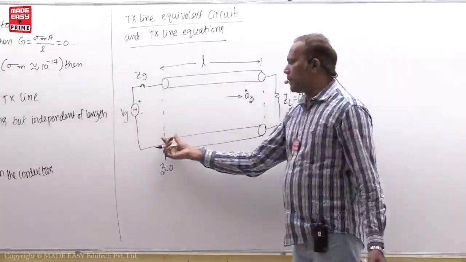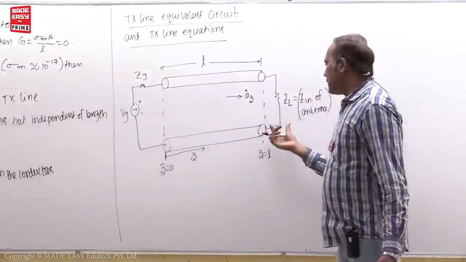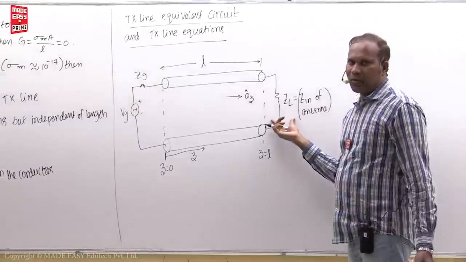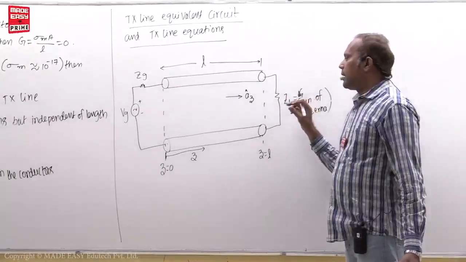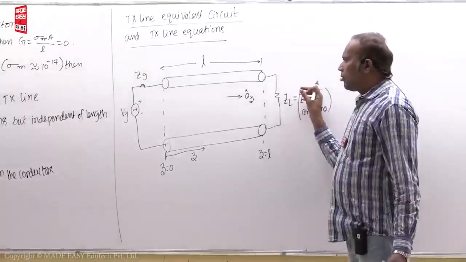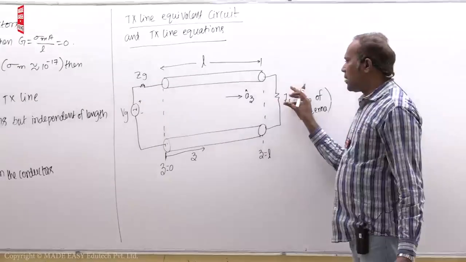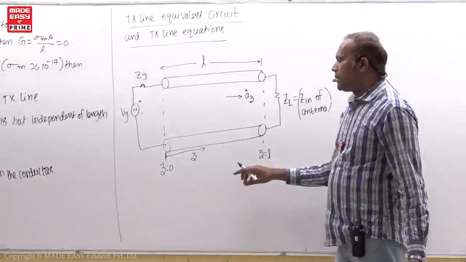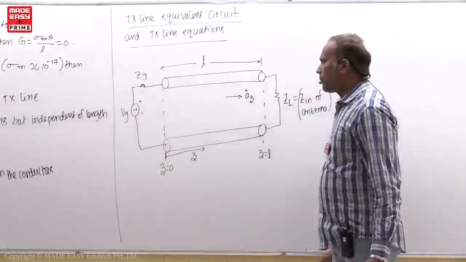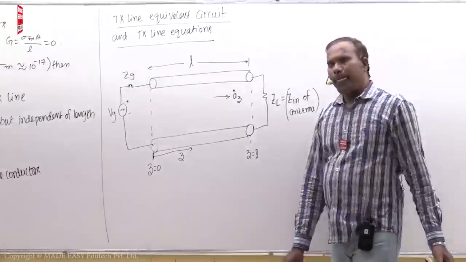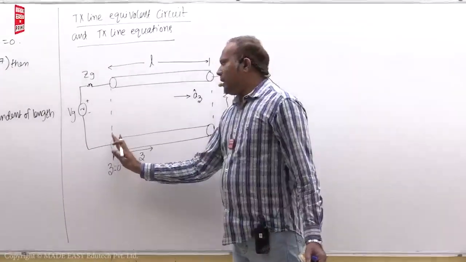So it has two names, sending end or otherwise source end. This is called receiving end or otherwise load end, because at this location signal is received from the two-wire transmission line. So that is why it is called receiving end or otherwise load end. This is called sending end or otherwise source end. Now Z0 means at source end.